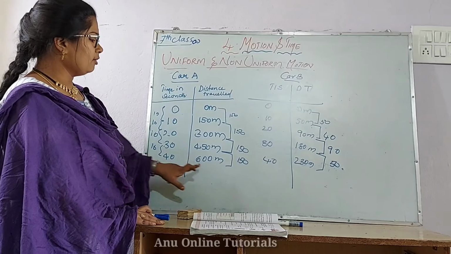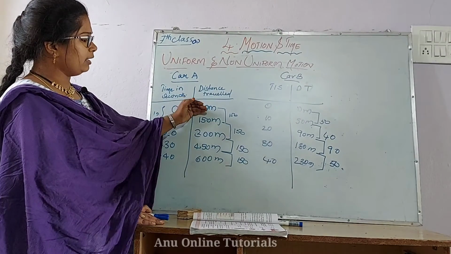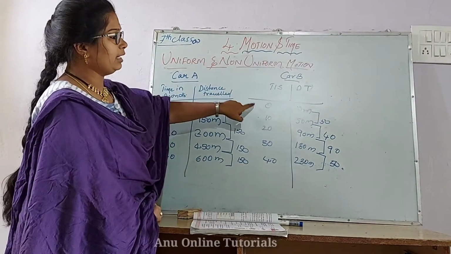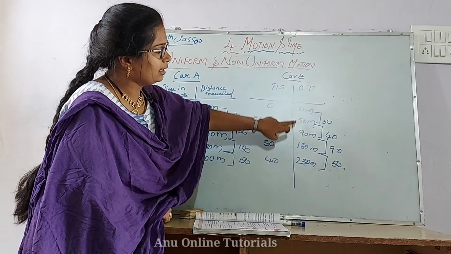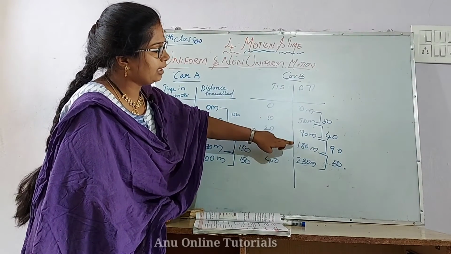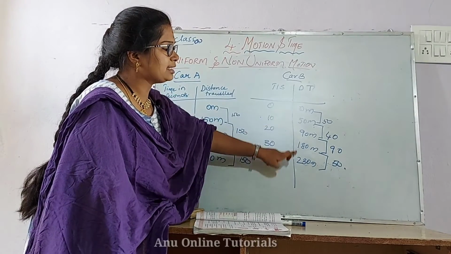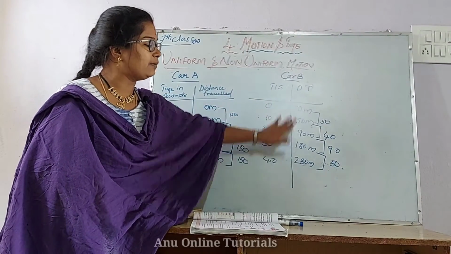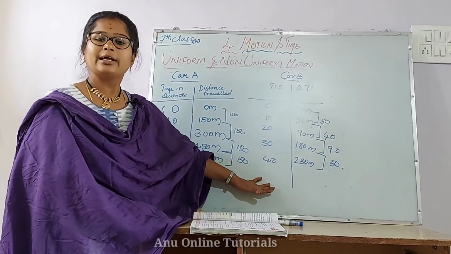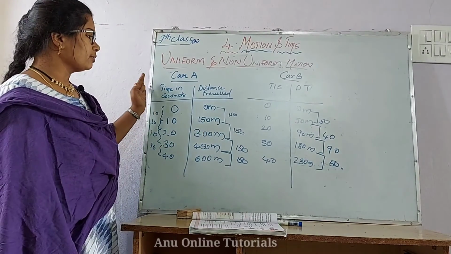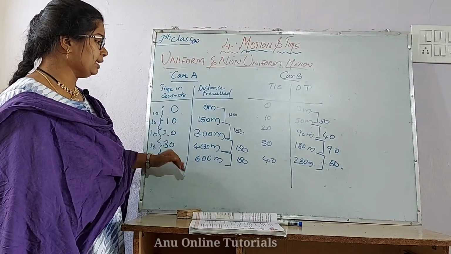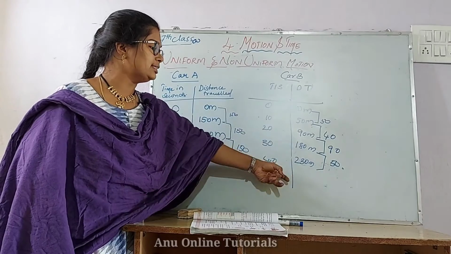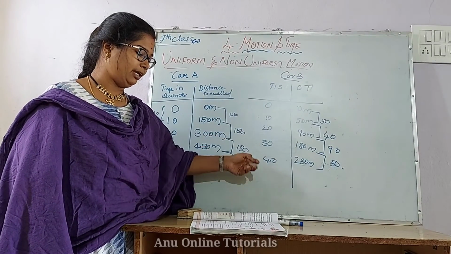In car B, in equal intervals of time, it has traveled different distances: 50, 40, 90, 50. Means unequal distance it has covered. Car A has covered equal distance in equal intervals of time, but car B has covered unequal distance in the same equal intervals of time.